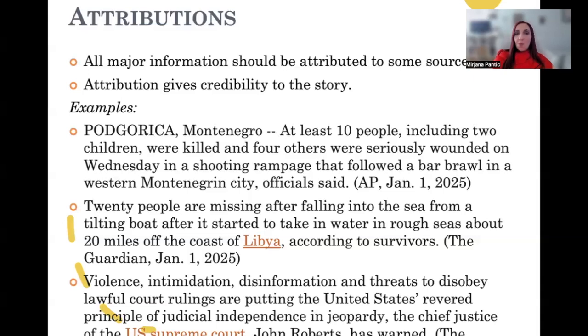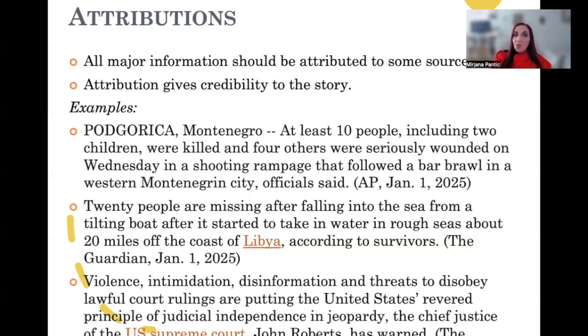So, who is this information attributed to? Officials. So it's just officials in the lead of the story, and then it is expected in the second or third paragraph of the story to name if this information came from a police officer or some other official. Then we're going to have their name in the second paragraph of the story.